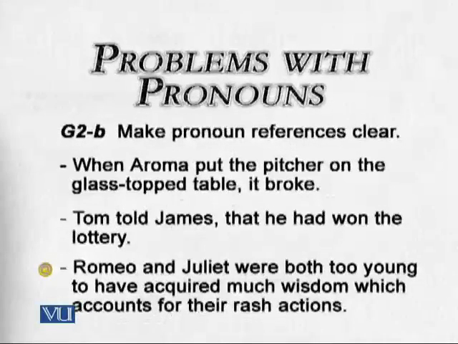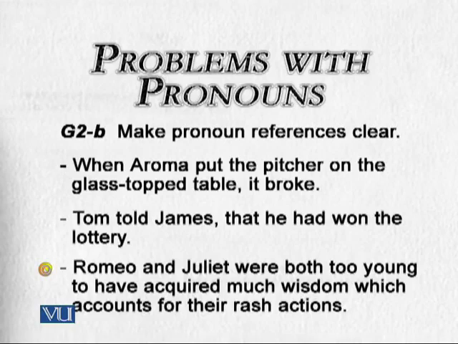So if it's someone's statement, then you have to add certain words, not a pronoun actually, certain words over there, which could make clear that this points out someone's statement. For example, Romeo and Juliet were both too young to have acquired much wisdom, a statement which accounts for their rash actions. Or you can say a fact which accounts for their rash actions. So this is how it will be corrected.